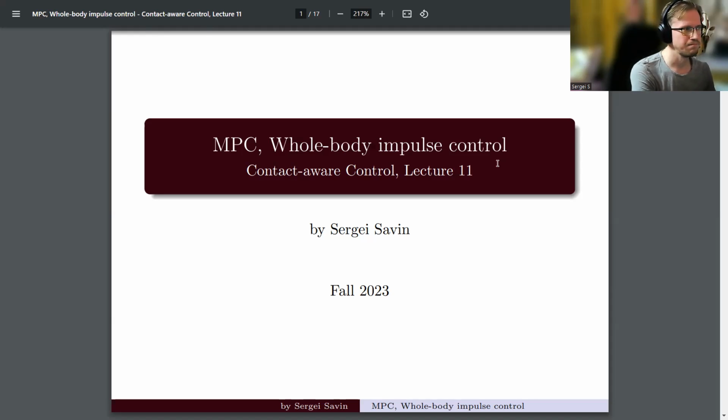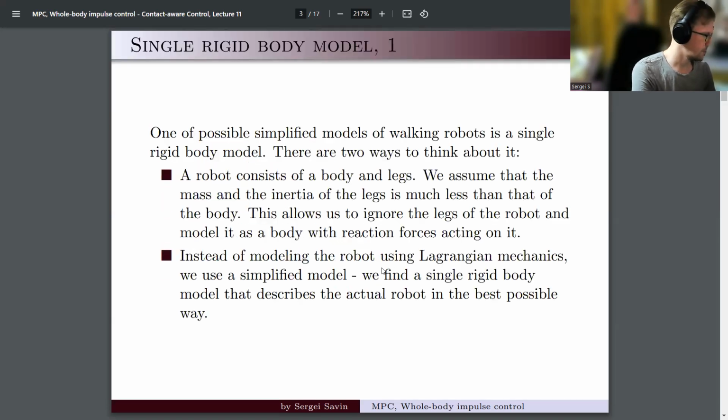All right, so let's do it. Okay. So before we can go, we have to one more time consider simplified models. If you remember last time, we were talking about conservation of momentum, we were talking about impact, and how this idea of impact and the simple gaits creates for us formulas to compute the next step.